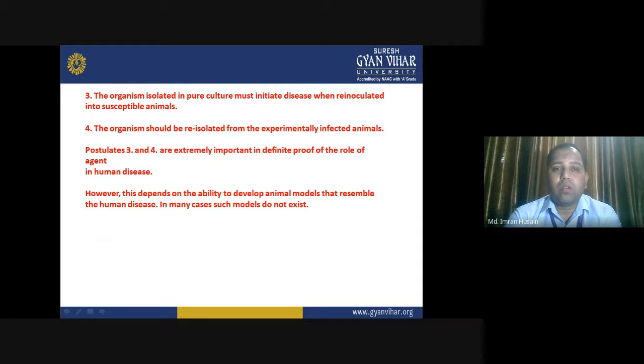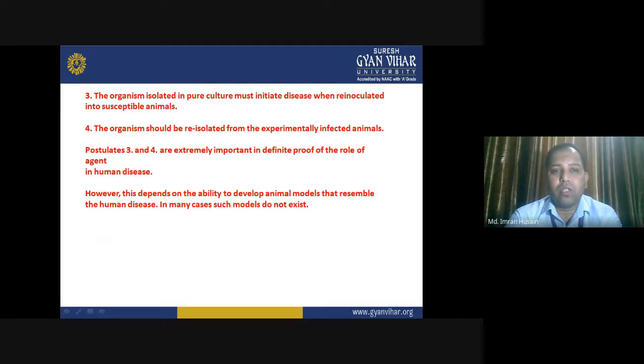Fourth, the organism should be re-isolated from the experimentally infected animals. So the organism that has been re-inoculated should be completely separated from other experimentally infected animals.